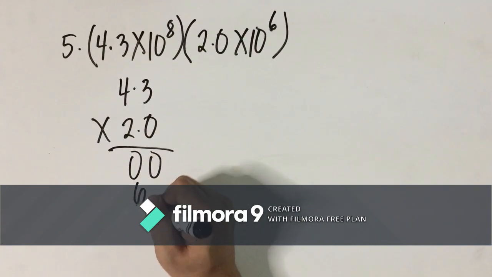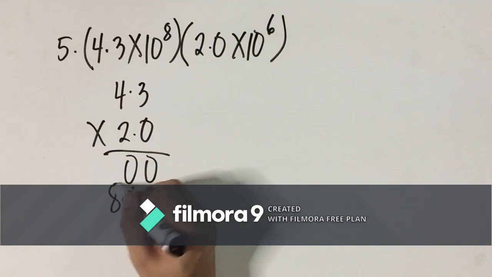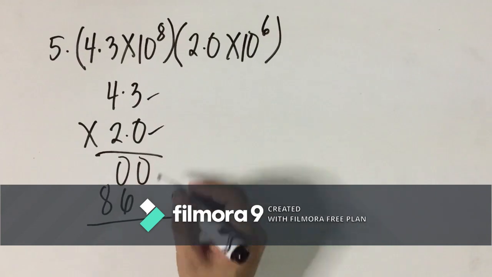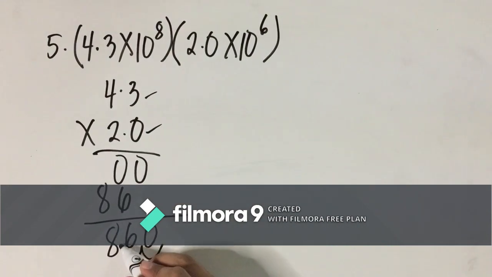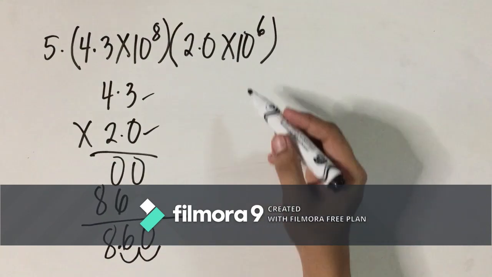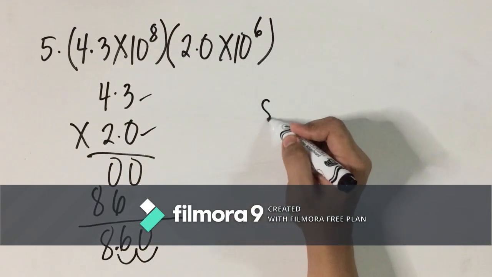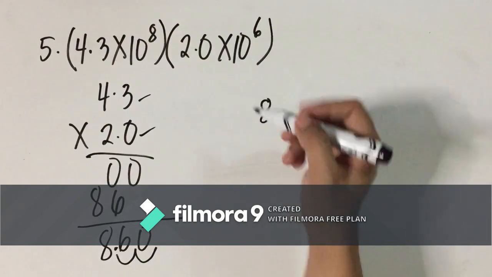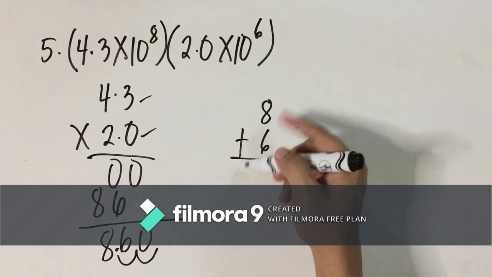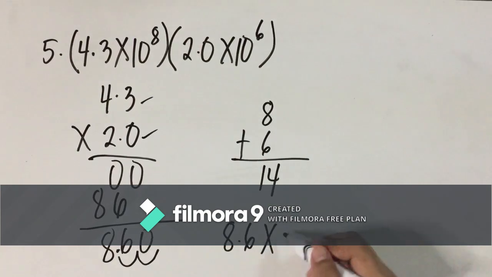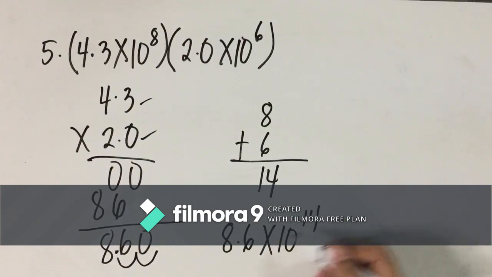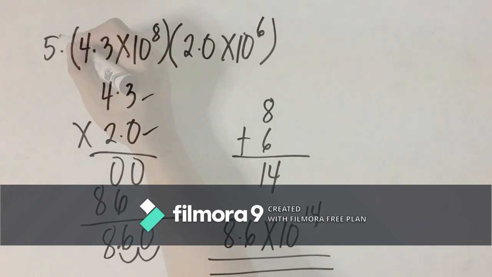So doing the math operation, we have this answer, 8 160. So we have to count the decimal places, having that answer 8.6. So 8 plus 6 for the exponent, that gives us 14. So writing it into scientific notation form, we have 8.6 times 10 raised to positive 14.